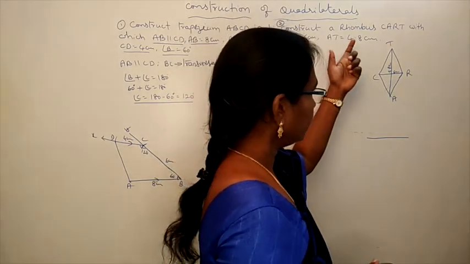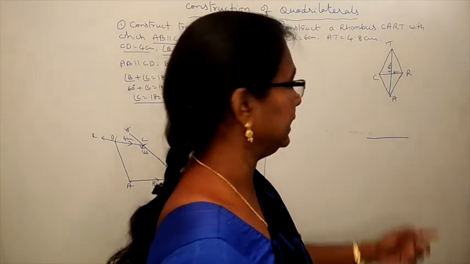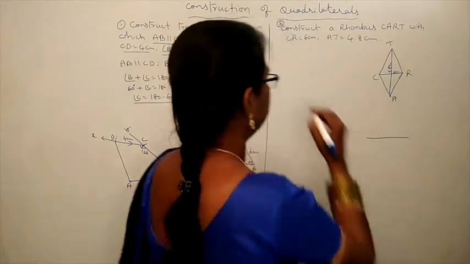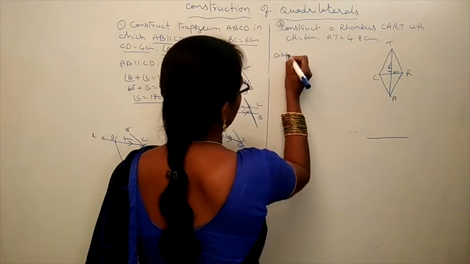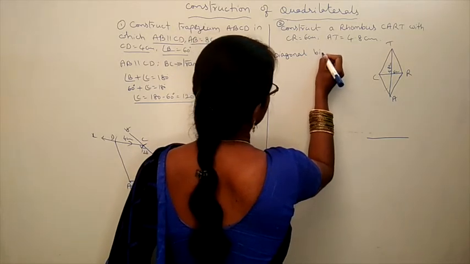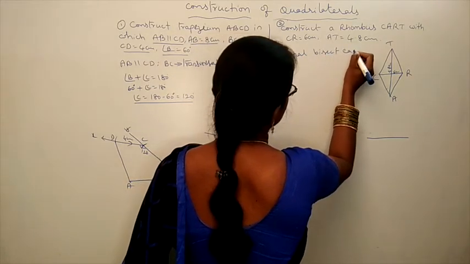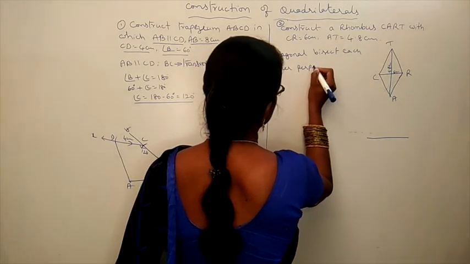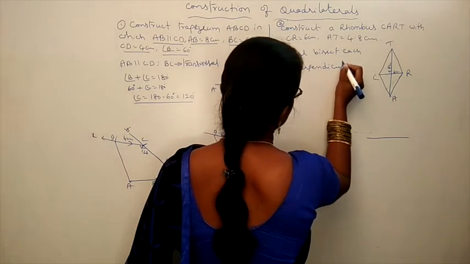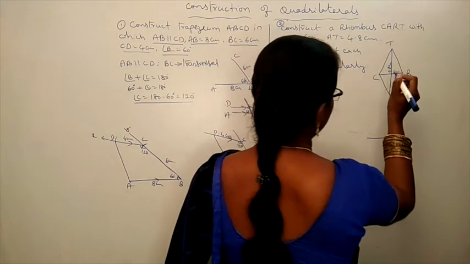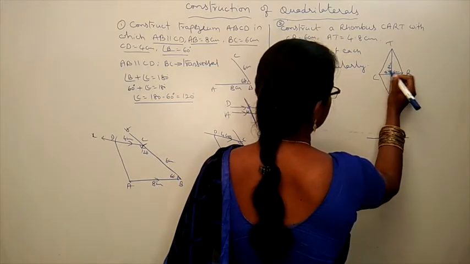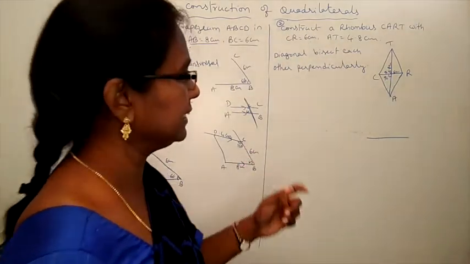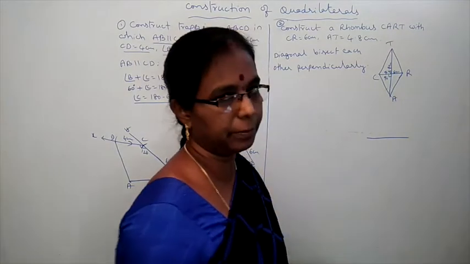In a rhombus all sides are equal, and the diagonals bisect each other perpendicularly. That means the angle is 90 degree. Here also 90 degree. Like that, both the diagonals bisect each other perpendicularly, meaning 90 degree.